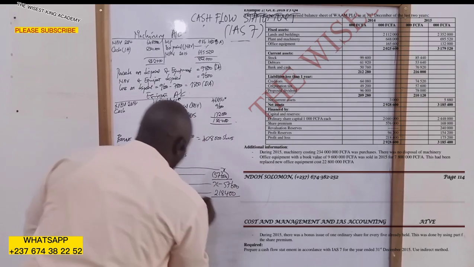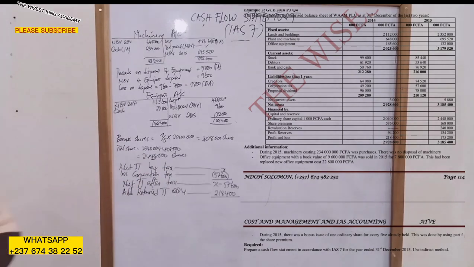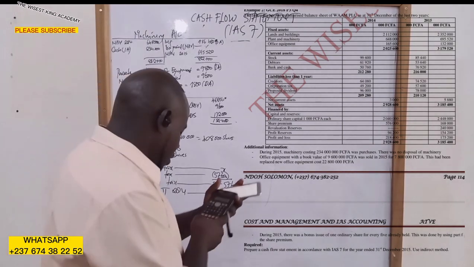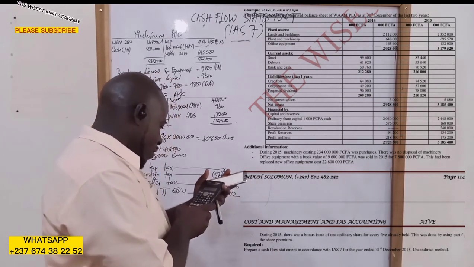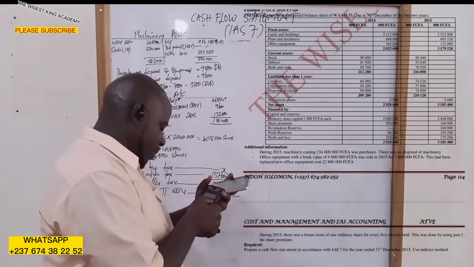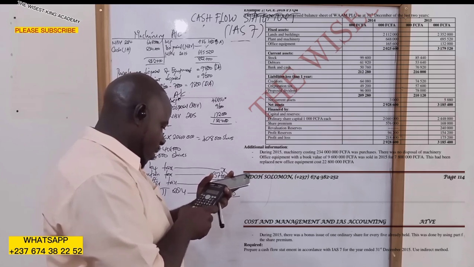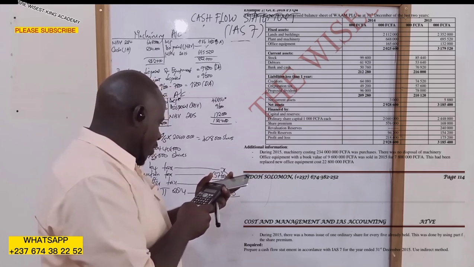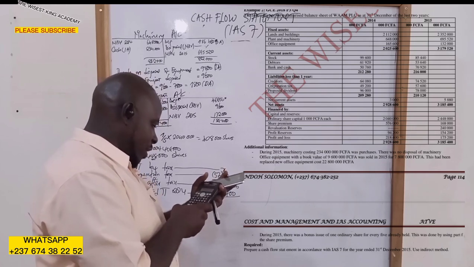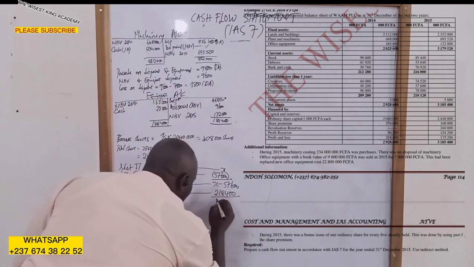So the total that will give us what was shared: we take 218,400 minus 57,600. It means we are going to have 160,800.